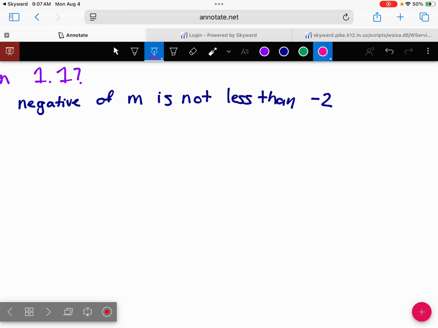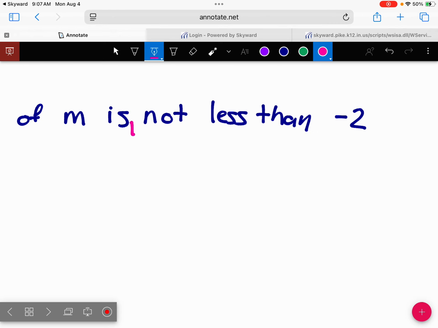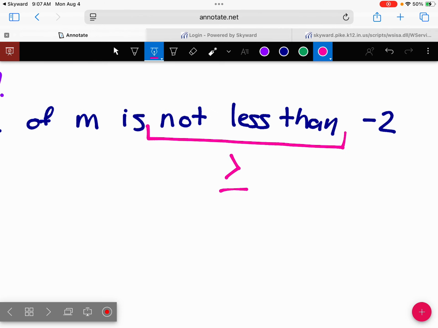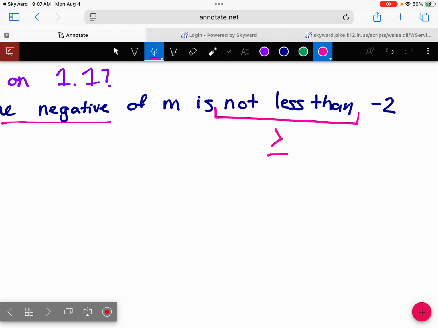So if we think about this just kind of in pieces, if we say it's not less than, what's another way I can say it's not less than? Greater than, or could it be equal to? So this would be greater than or equal to. So you could say that the negative of M, so M but not positive, negative, is greater than or equal to -2.